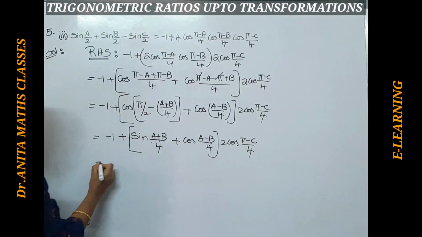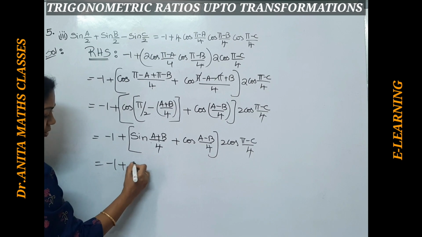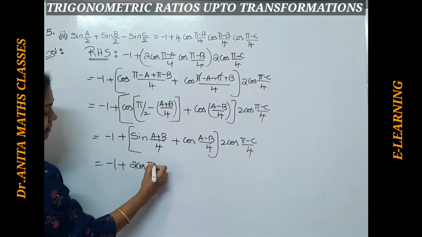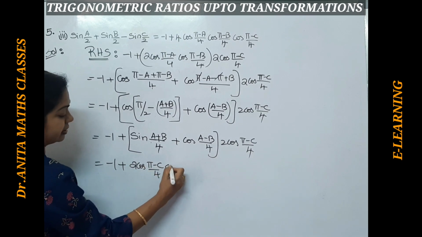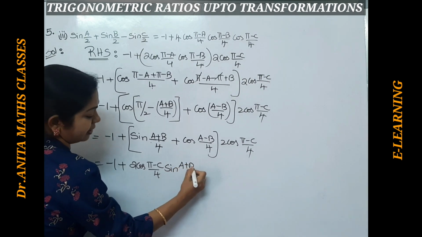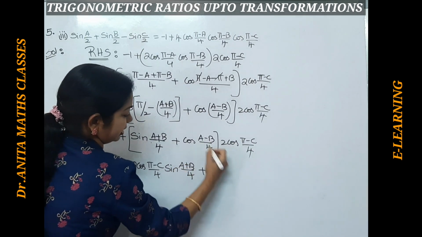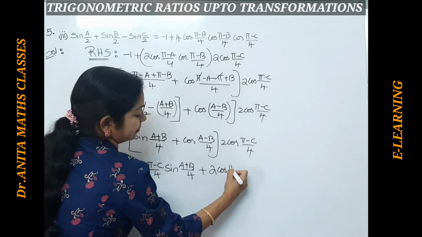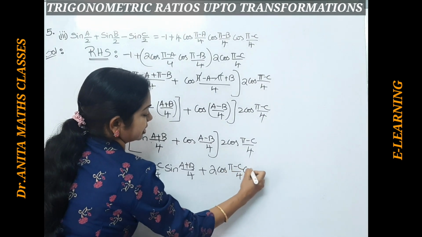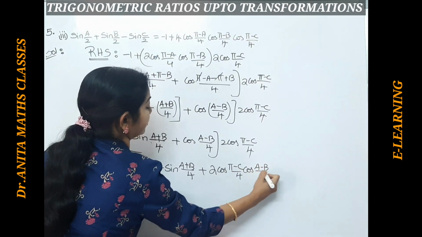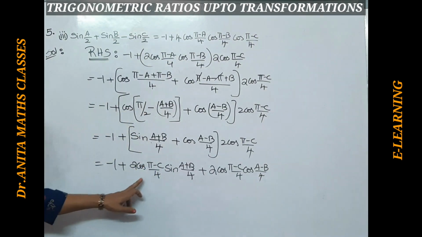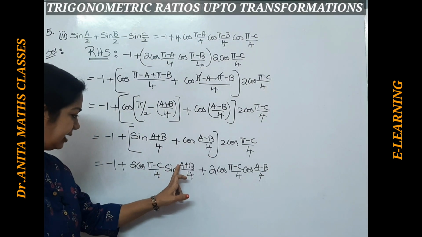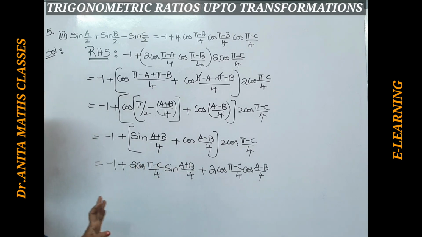We will open the bracket now: minus 1 plus 2 cos of pi minus c by 4 sine of a plus b by 4, plus again 2 cos of pi minus c by 4 cos of a minus b by 4.